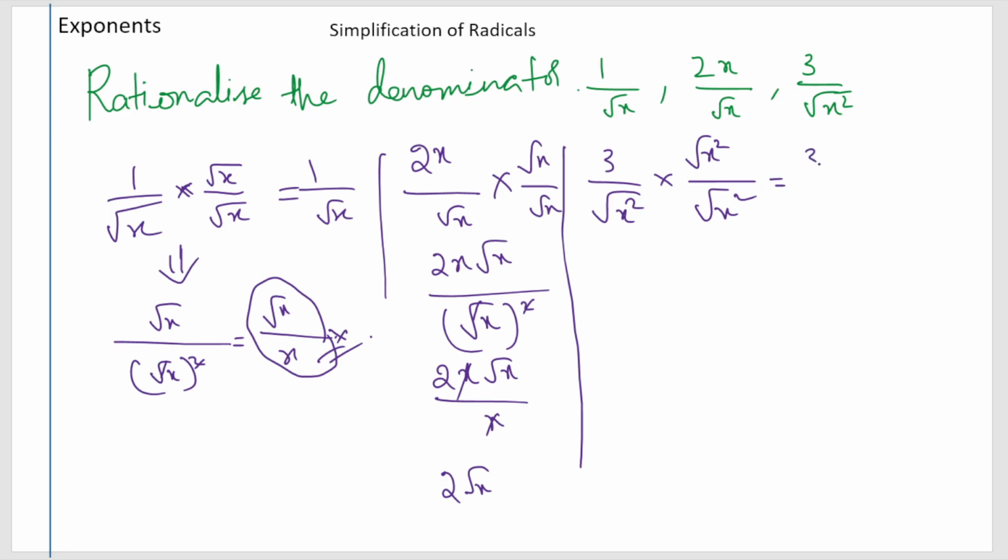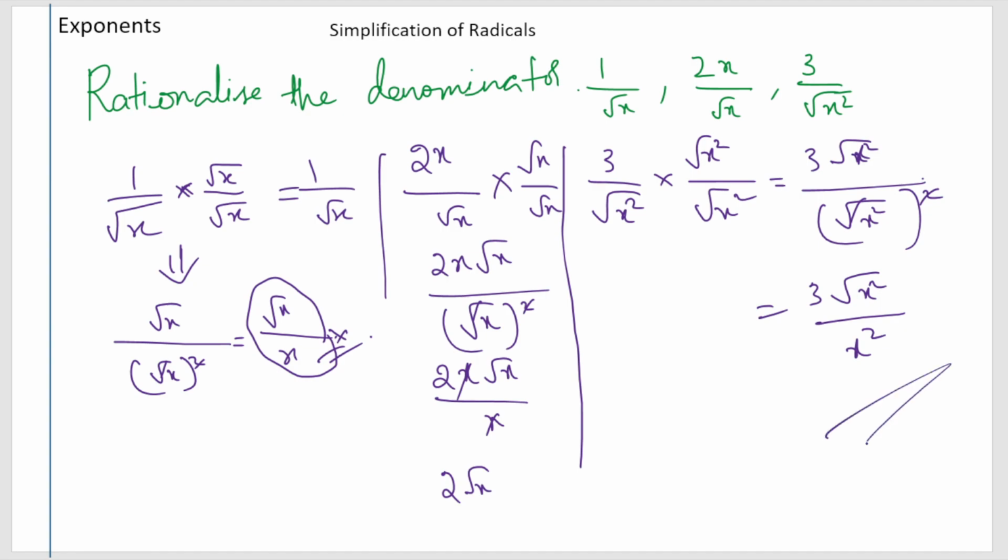It will be 3 root x square by root x square whole square. The square gets cancelled, and it is 3 root x square by x square.